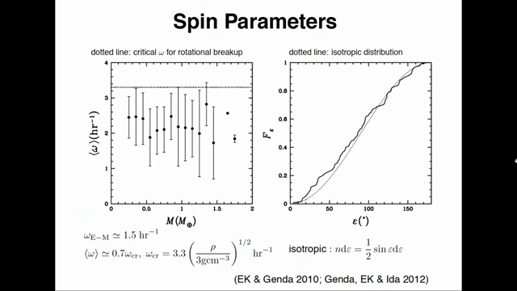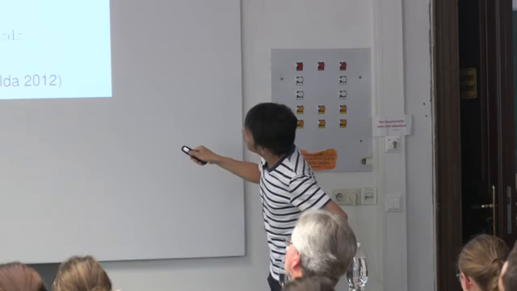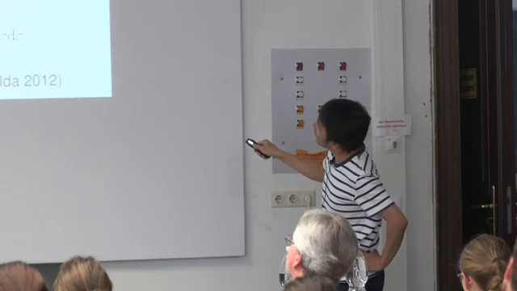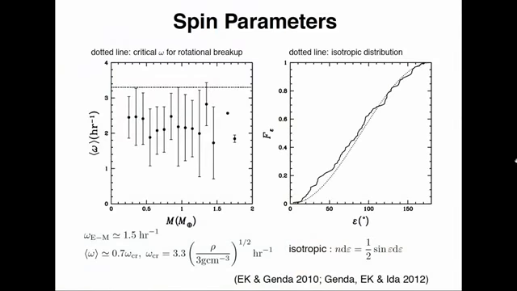This figure shows the obliquity distribution. This is the obliquity, and this is the normalized cumulative distribution of obliquity. Remember, the obliquity is the inclination of the spin axis from the orbit normal. The Earth's obliquity is 23.4 degrees. The solid line is the result of the N-body simulations, and the dotted line is the isotropic distribution.